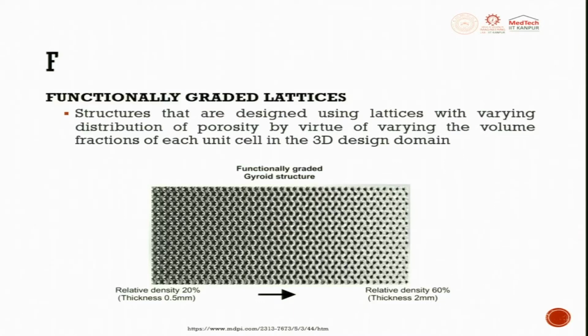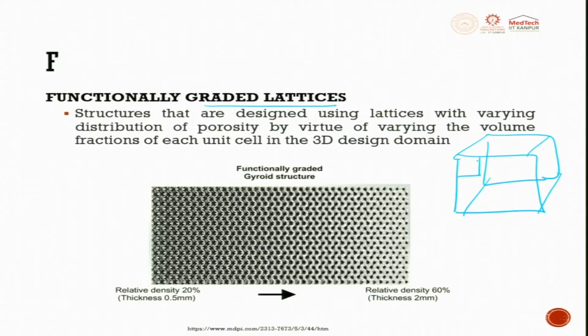Functionally graded lattice. When we start looking into building up a solid object, we divide the solid object, even in material science, into unit cells. Now if you start changing the properties of the lattice, this unit cell is called a lattice.